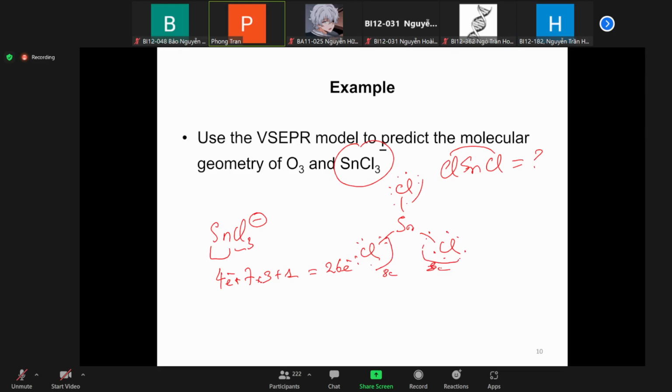So in total, it will have 24 electrons already, right? So then you still have 2 electrons. You put 2 electrons here. So the final shape should be trigonal pyramidal then.